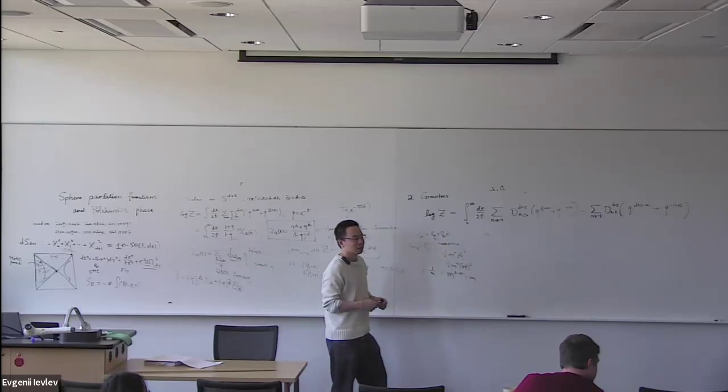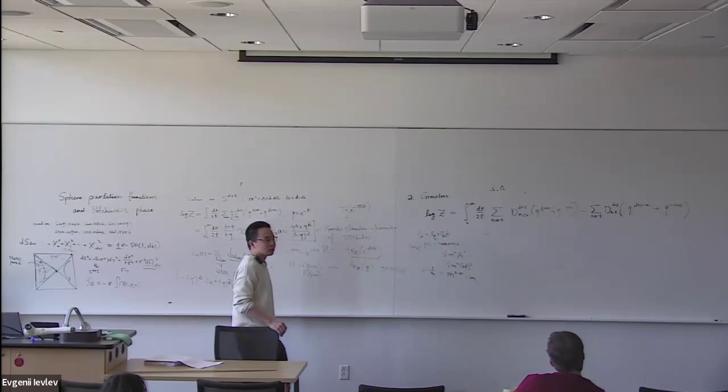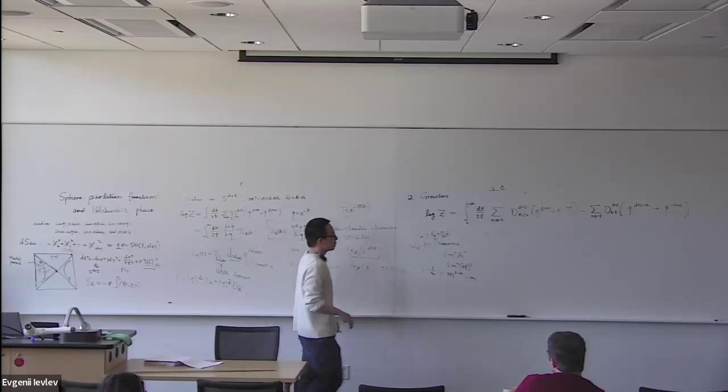Let me ask you this then. We have a cutoff at short distances, presumably at the Planckian scale, right? But you are calculating something that is probably dominated by longer distances? Yes.